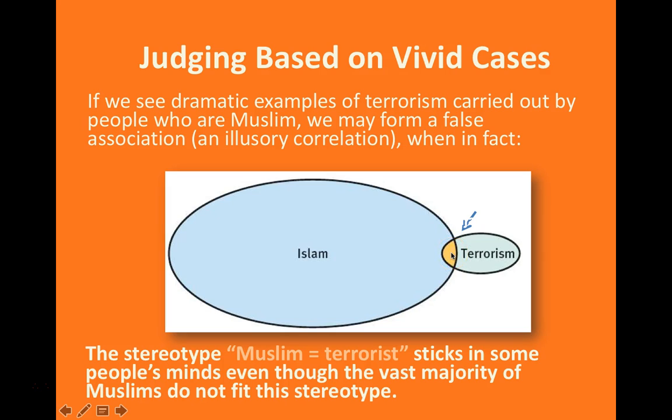But the stereotype Muslim equals terrorist sticks in some people's minds, even though the vast majority of Muslims don't fit this stereotype. Because there are these vivid instances in which there have been acts of terrorism carried out by Islamic extremists, we form this essentially illusory correlation or false association.